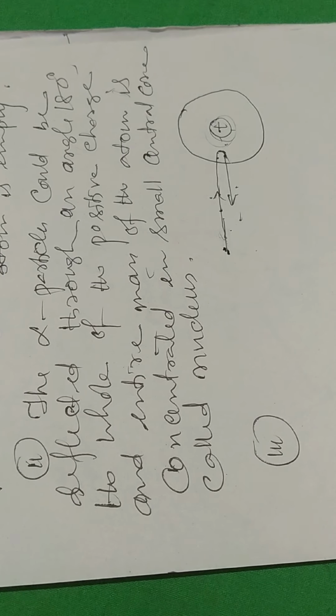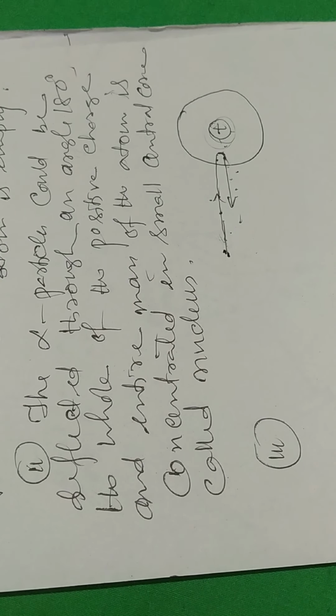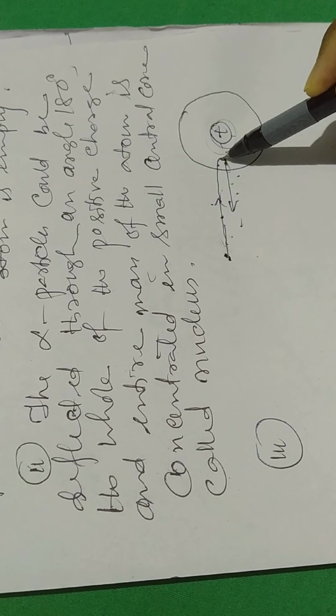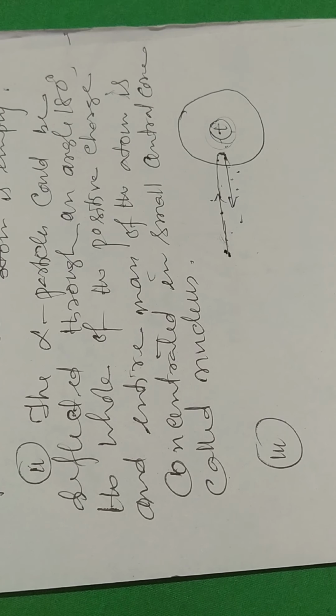Number 3: the alpha particle which travels directly towards the nucleus gets retarded due to Coulomb's force of repulsion, ultimately comes to rest and then flies off in the opposite direction due to the repulsive force between the alpha particle and the nucleus.